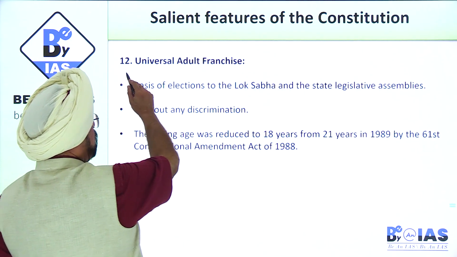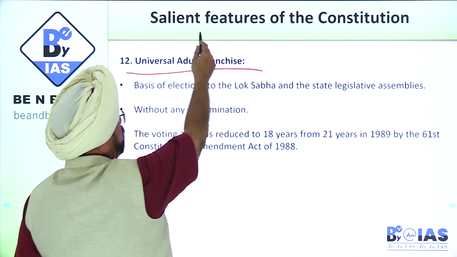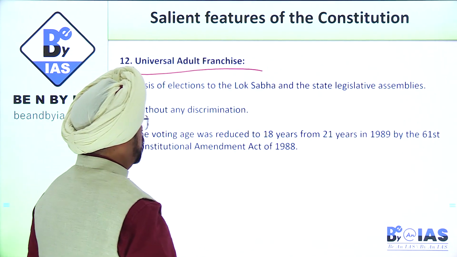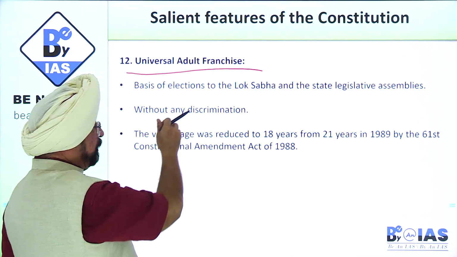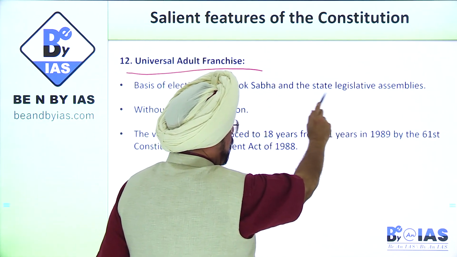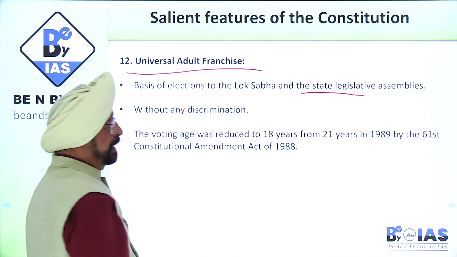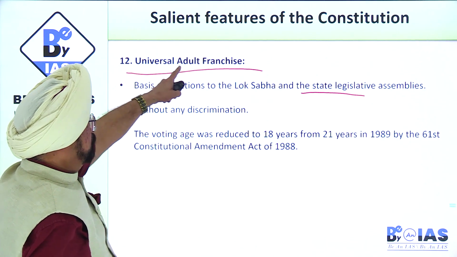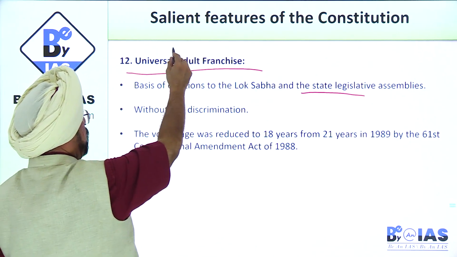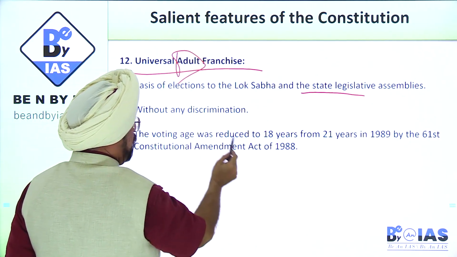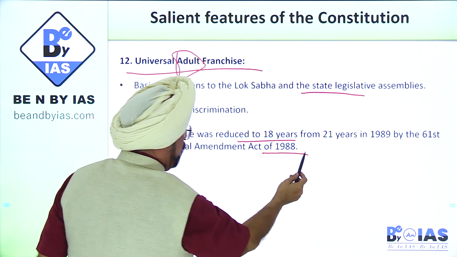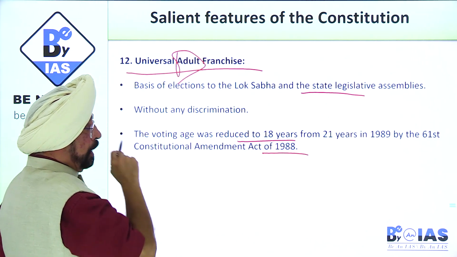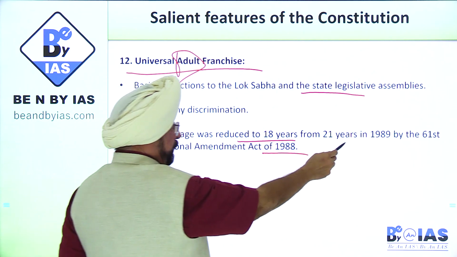Now, universal adult franchise is another salient feature of the Constitution. That means the basis of elections to Lok Sabha and state legislative assemblies has to be universal adult franchise. Adult is 18 years, which was changed from 21 years by the 61st Amendment in 1988, effective in 1989.